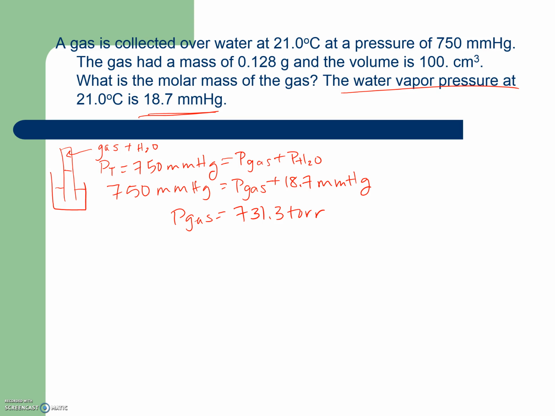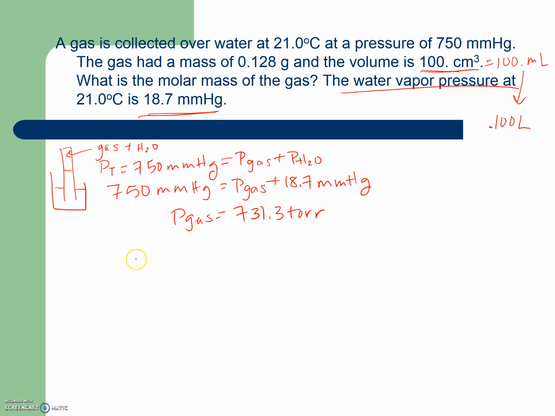The gas had a mass of 0.128 grams and a volume of 100 centimeters cubed. This is equal to 100 milliliters. Milliliters aren't going to do us any good, so we need to divide by 1,000, and we have 0.1 liter.